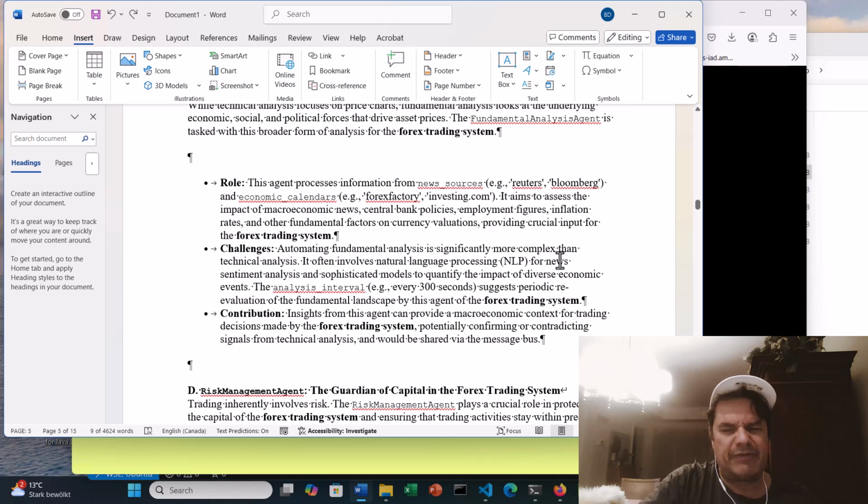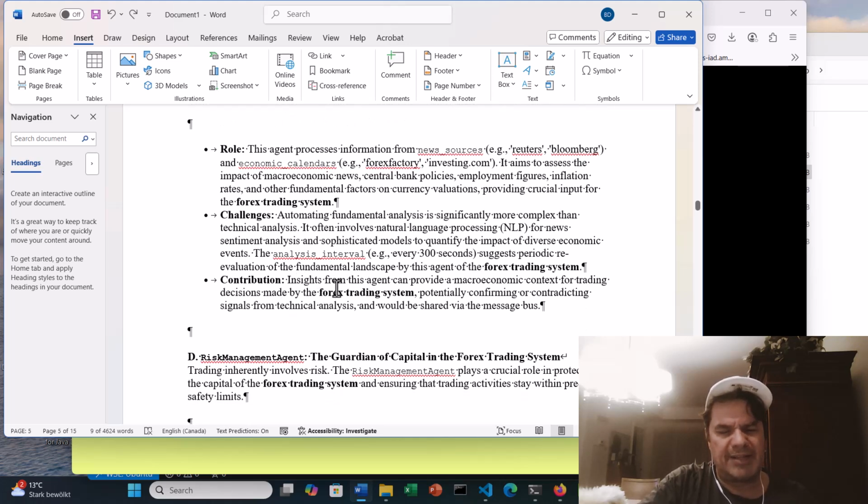Significantly more complex than fundamental technical analysis. We're using natural language processing for news, sentiment, and sophisticated models to quantify the impact of diverse economic events. There's an analysis interval every 300 seconds for periodic reevaluation of the fundamental landscape by this agent.